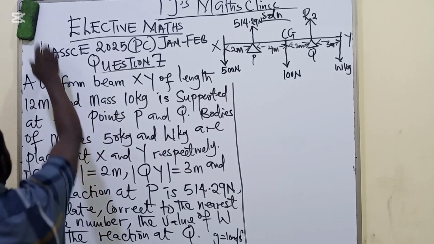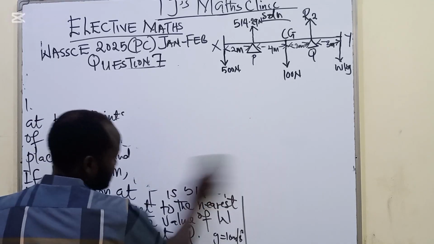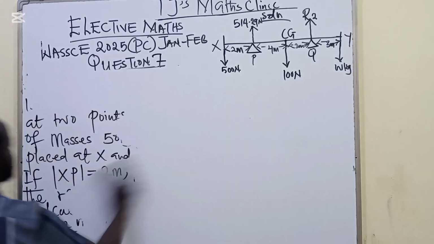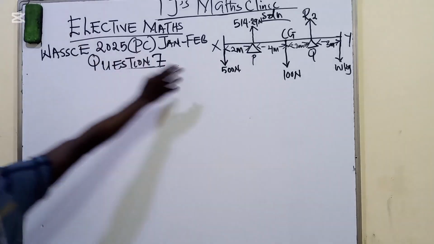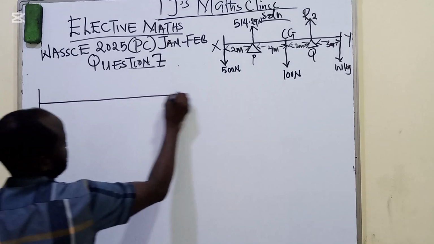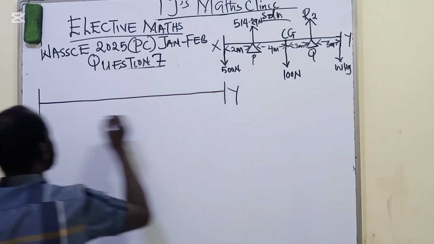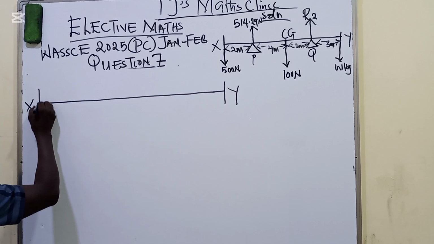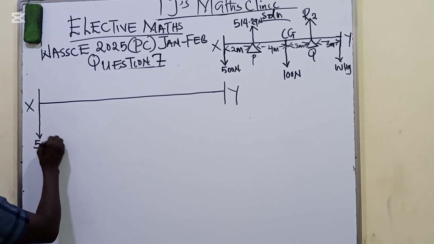Let's remove the question and redraw again to get a proper understanding. Let me clean here, then enlarge this. We have the meter rule this way, with Y and X. The weight at X is 500 Newton.